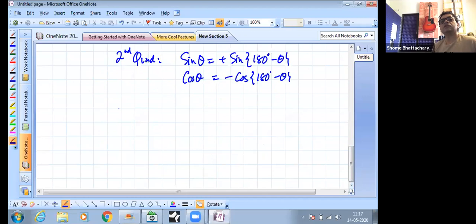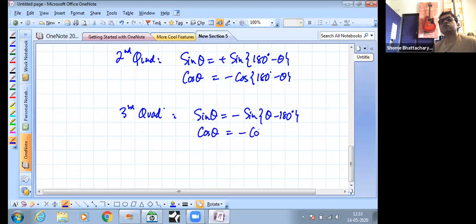Similarly, in third quadrant, we have the formula sin theta is negative of sine theta minus 180 degrees, and cos theta is negative of cos theta minus 180 degrees. So just as a quick example, you want to calculate cos of, let us say, 240 degrees.